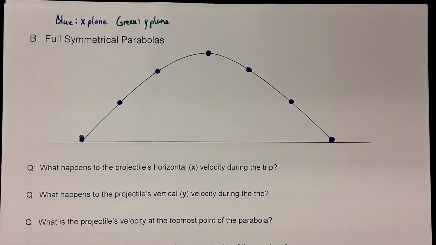All right, now remember, when you kick a ball, it's not a projectile until it actually leaves your foot. When it's no longer in contact with your foot, then it's a projectile, because at that point, with no force from your foot acting on it, the only force acting on it would be gravity, so it would be in free fall at that point, and then it will be a projectile.